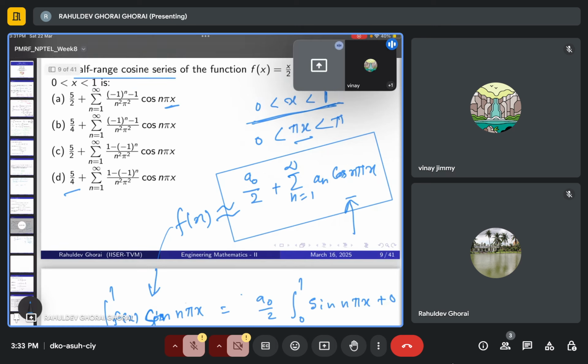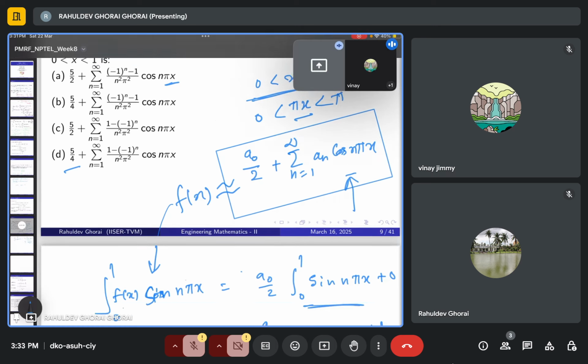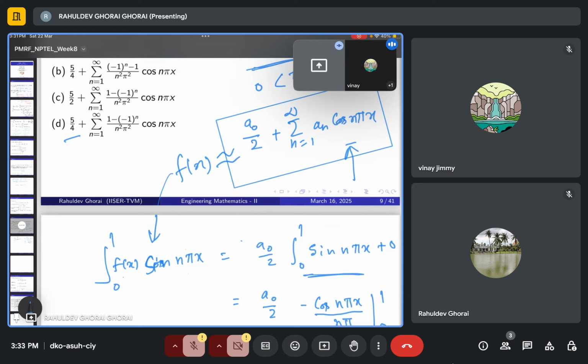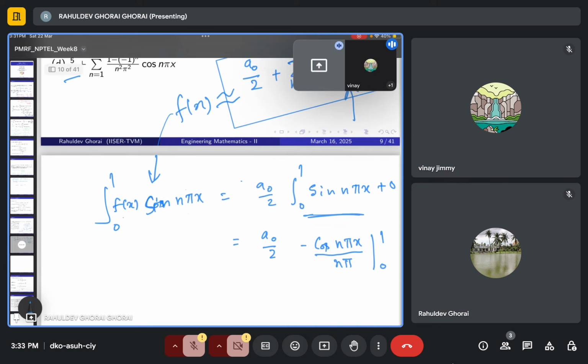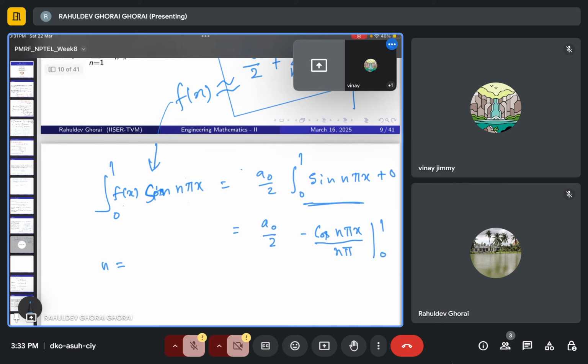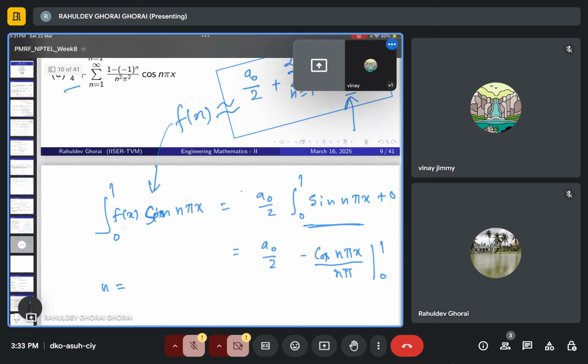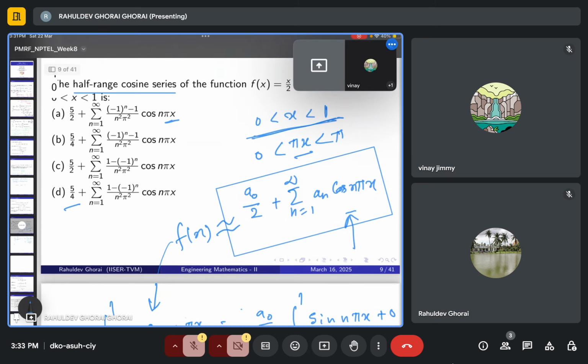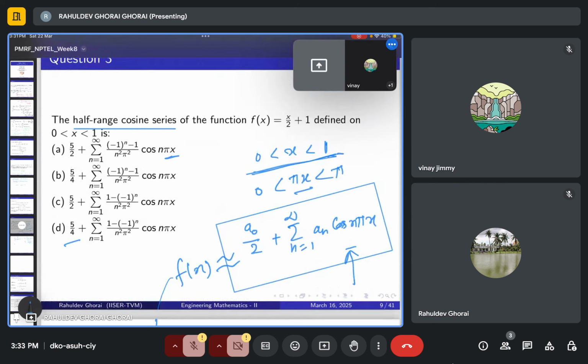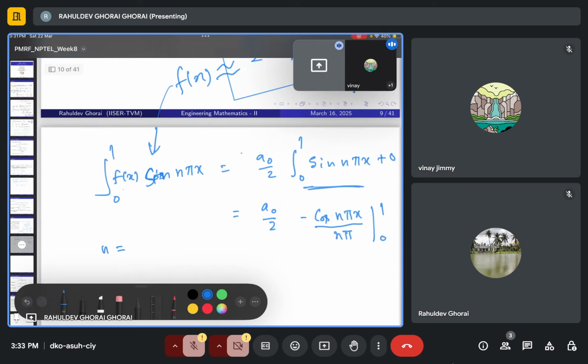Okay. So when you multiply by sin of n, let's say, in this case even n equal to... sorry, not n equal to... How do you obtain this formula?